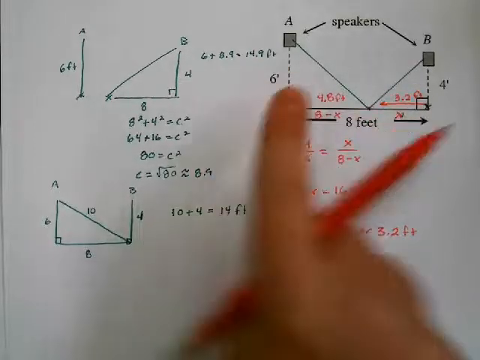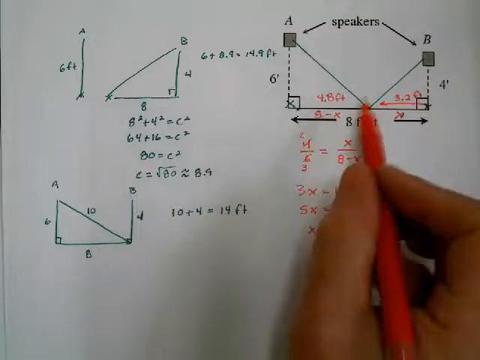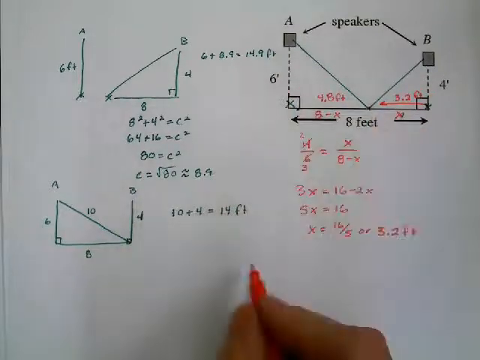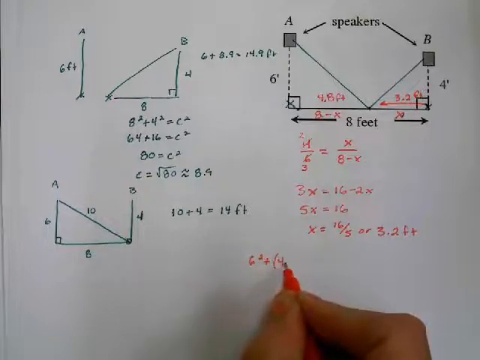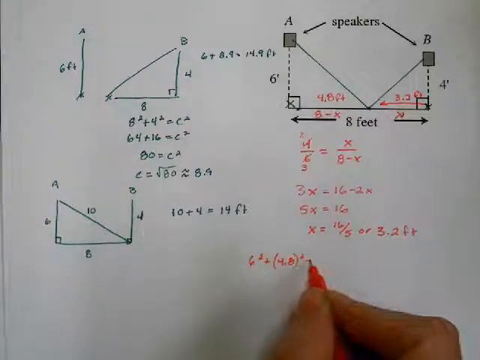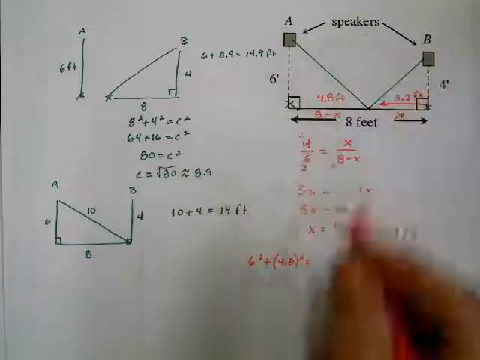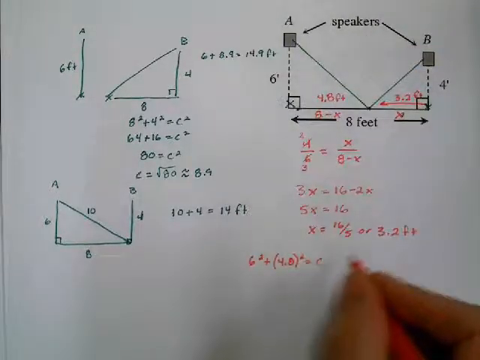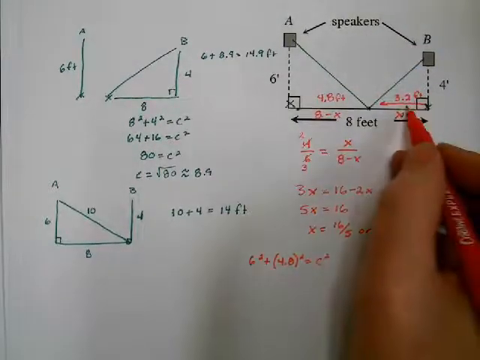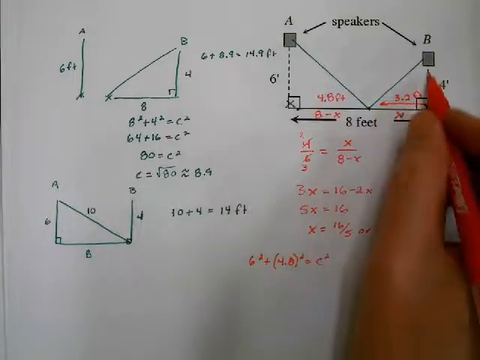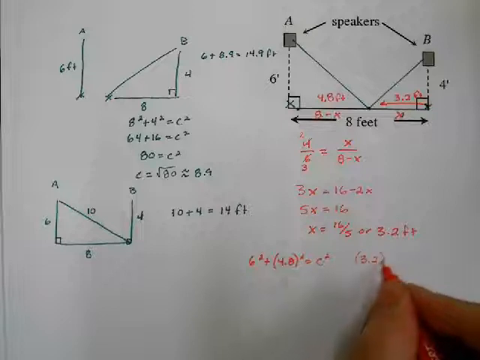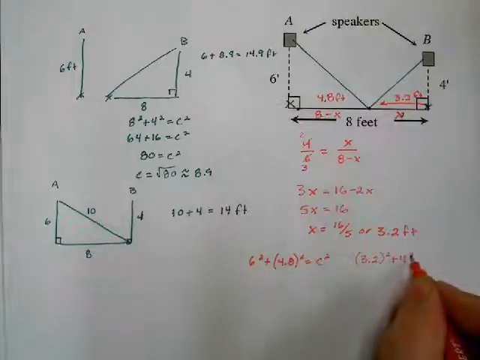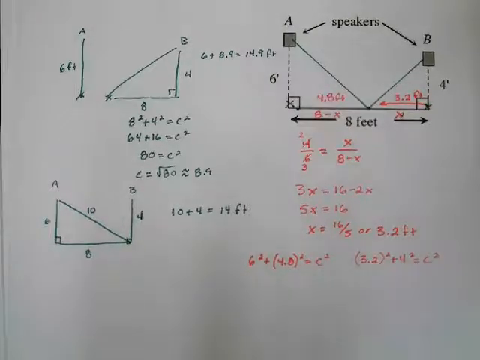I'm going to do 6 squared plus 4.8 squared is equal to, I'll call that C, or I guess it really doesn't matter. And then over here, I'll do 3.2 squared plus 4 squared is equal to the other C, because we're doing the hypotenuse on both of those.